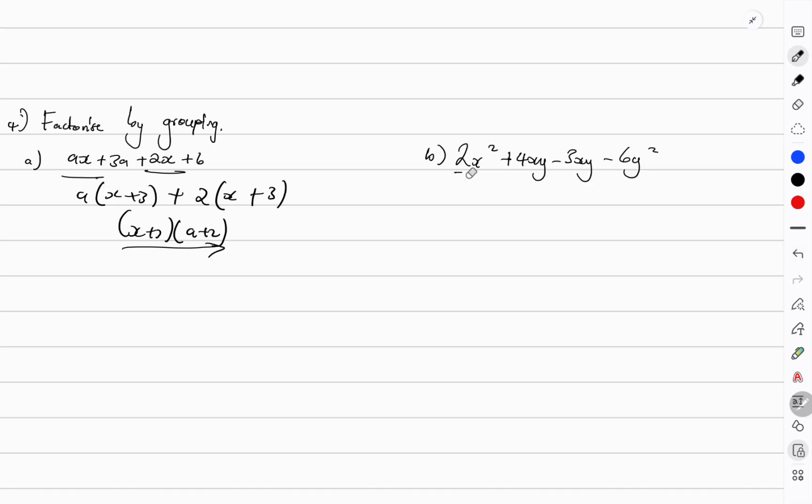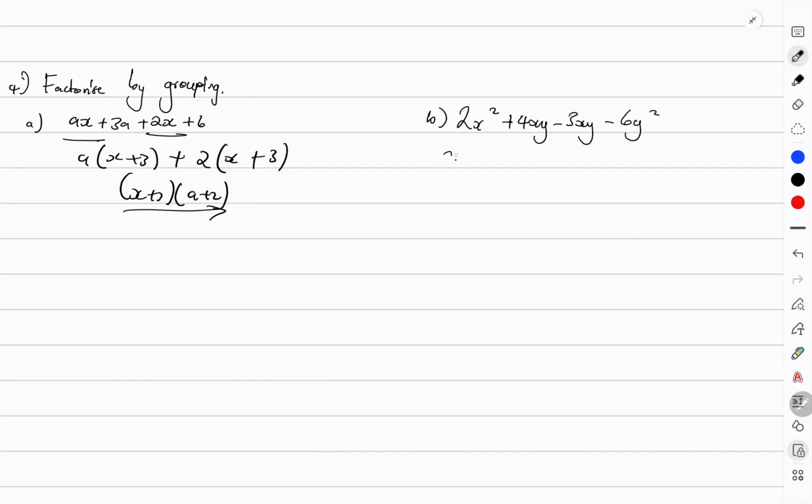Therefore, if I focus on the first two terms and the last two terms, that is what's going to happen. Is there a common factor between the first two terms? Yes, it is 2x. If I take out 2x, what should I multiply by 2x such that I have 2x squared? It is going to become x. What should I multiply by 2x such that I have 4xy? It is going to become 2y.